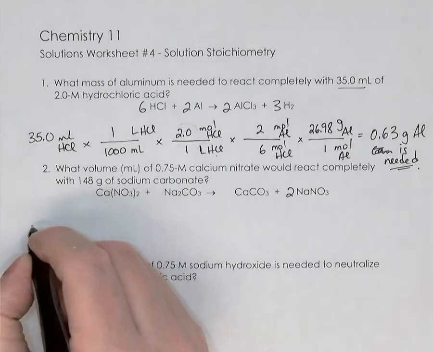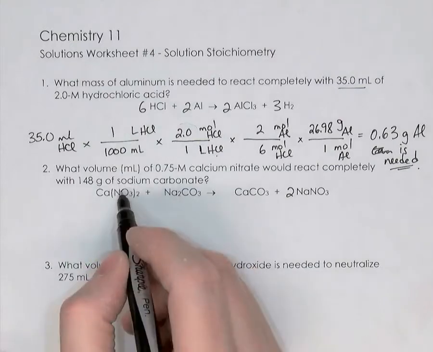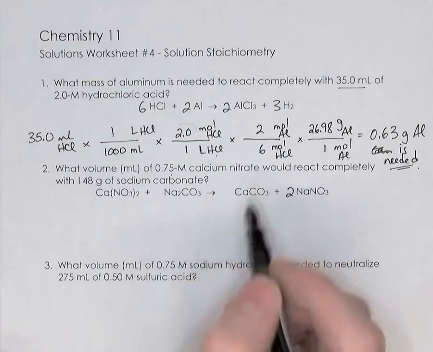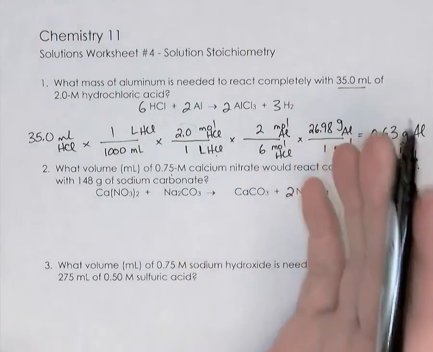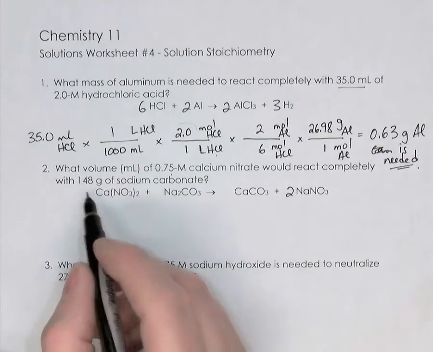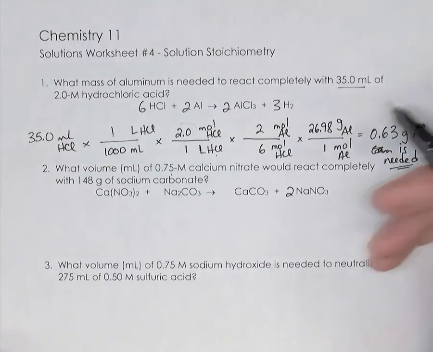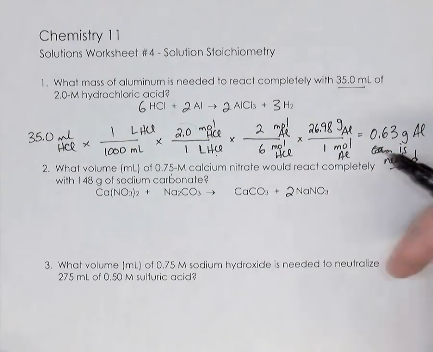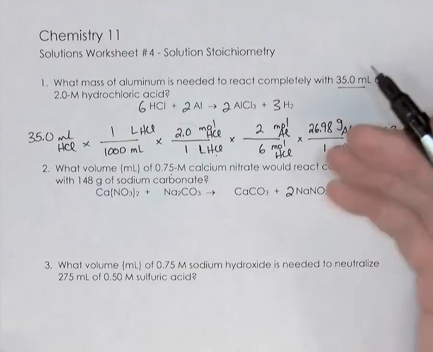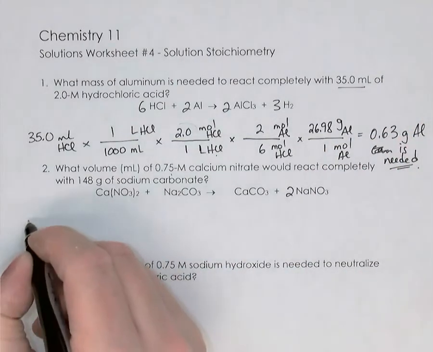So I'm going to start now with my mass of the sodium carbonate. The concentration is a unit multiplier for calcium nitrate, but we don't know its volume, we don't know its moles, so we really can't use it yet. But the grams of sodium carbonate, in my head I'm already anticipating I could convert that to moles. Then using my balanced equation, I can convert that into moles of the other reactant. So I can go somewhere if I take that mass as my starting point.